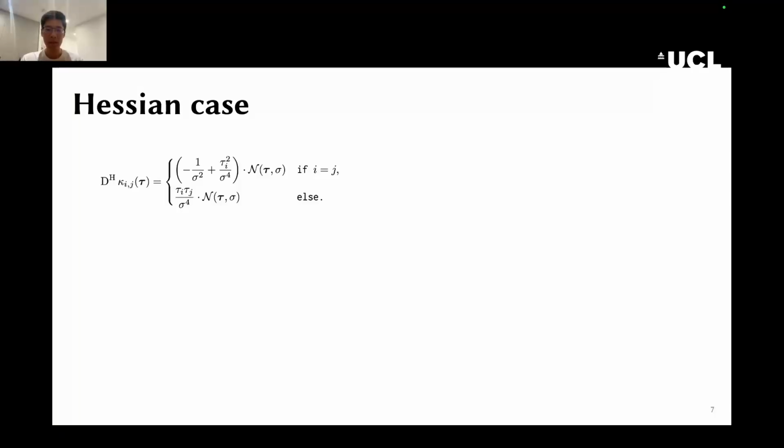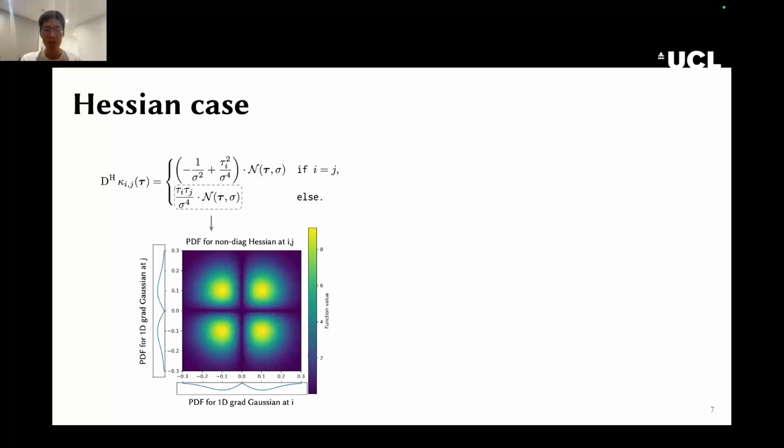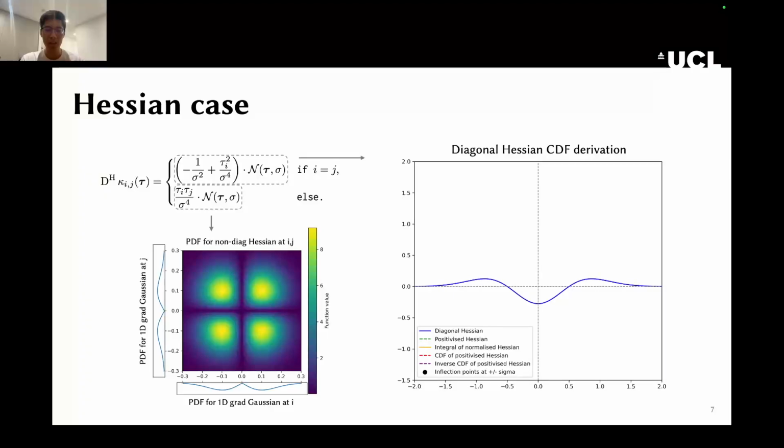Due to the separability of Gaussians, the non-diagonal part can be thought of as a Gaussian kernel where two differentiated directions are the gradients of the 1D Gaussian, and others remain the same. For the diagonal part, we derive another positivized and normalized PDF, then integrate to get the CDF. A lookup table is needed for sampling because there is no closed form solution to the inverse of the CDF.